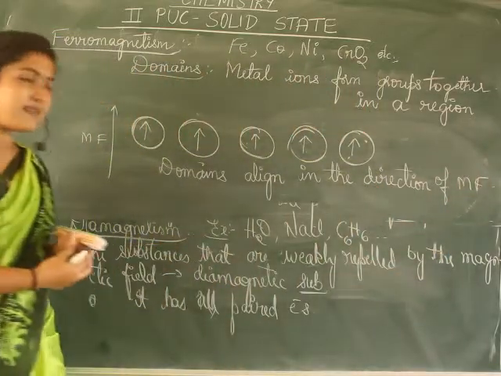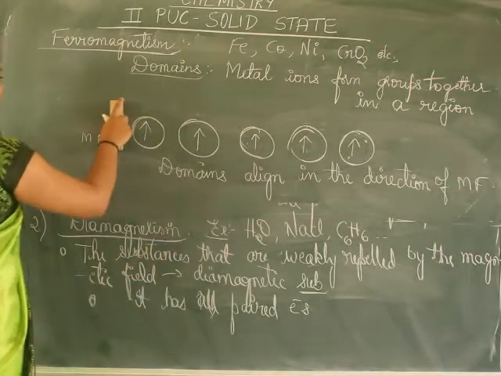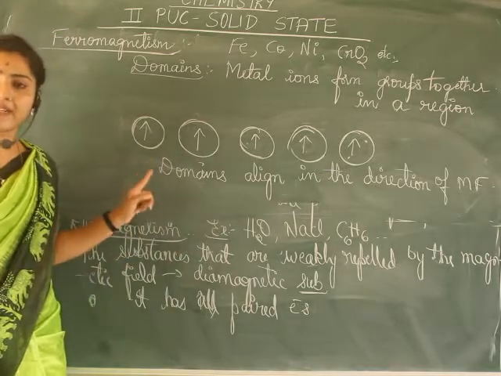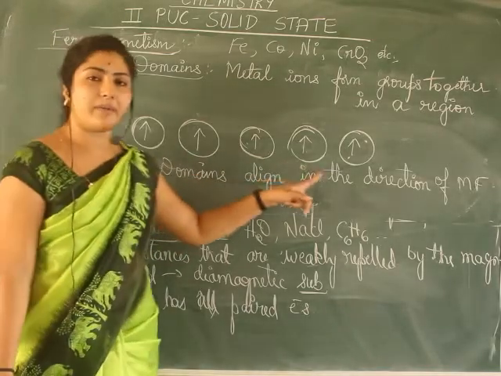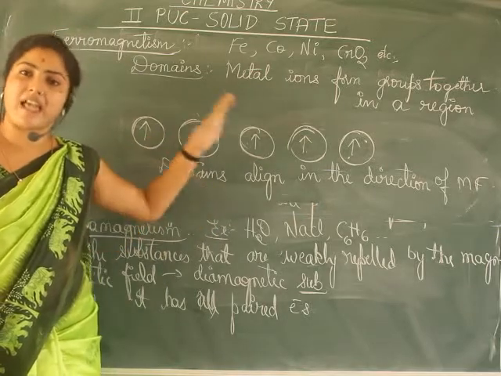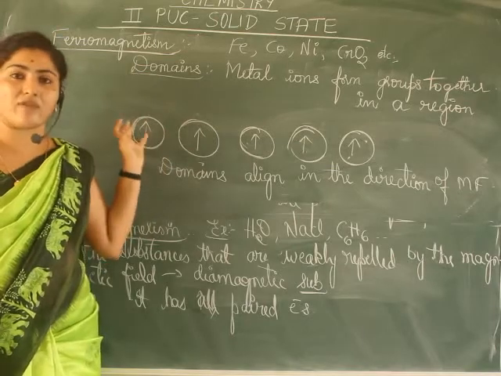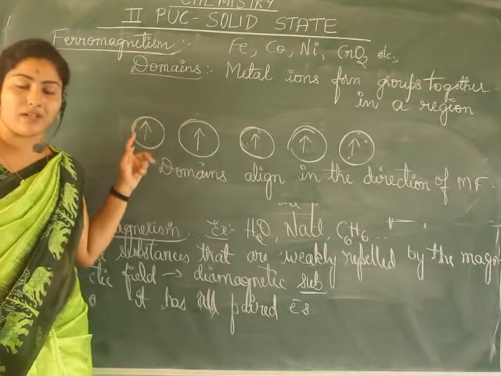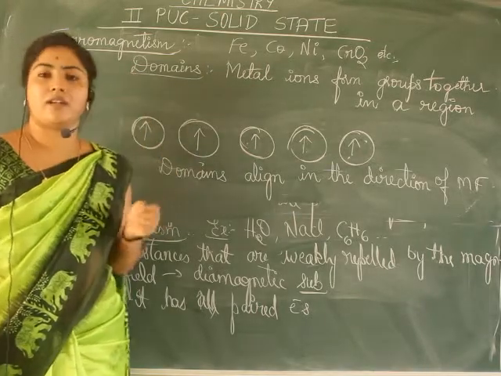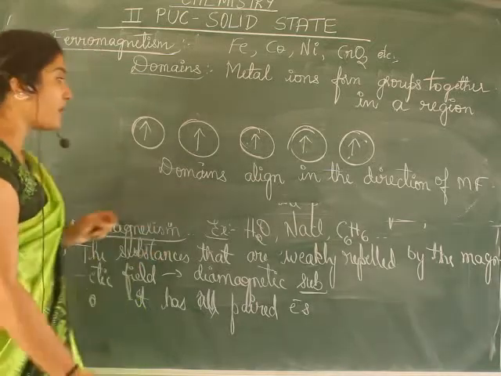And the best part is that, if you remove the magnetic field, even after the removal of magnetic field, the domains will be aligned in the same way. That means it will be magnetized. That is why these ferromagnetic substances, or the substances showing ferromagnetism, can act as permanent magnets.